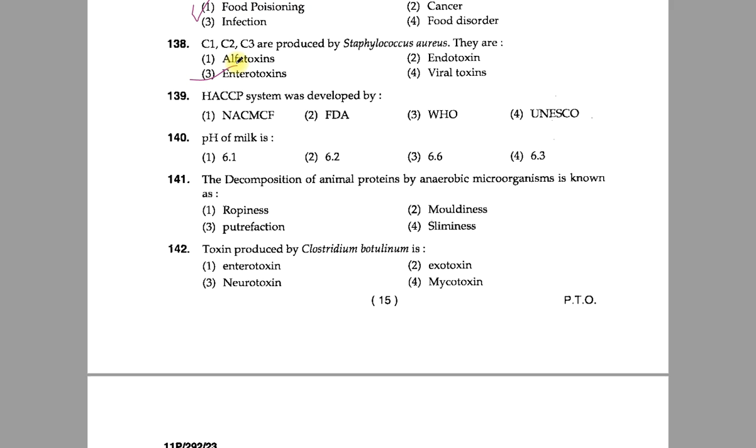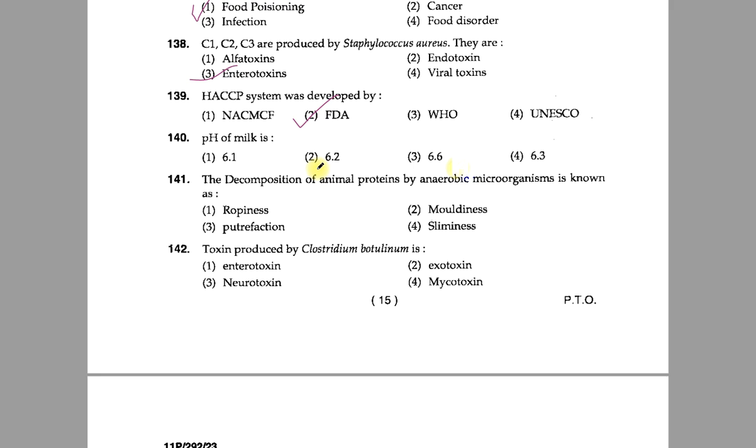So here the correct answer is 2, FDA. Question 140. pH of milk is 6.1, 6.2, 6.6, 6.3. The correct one is the 3, 6.6.